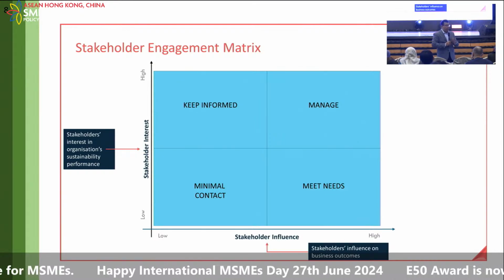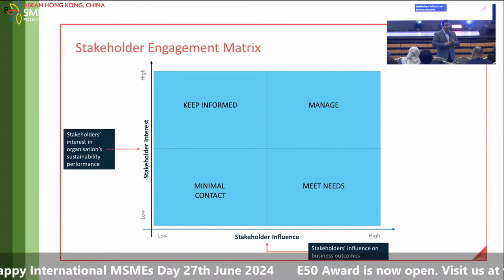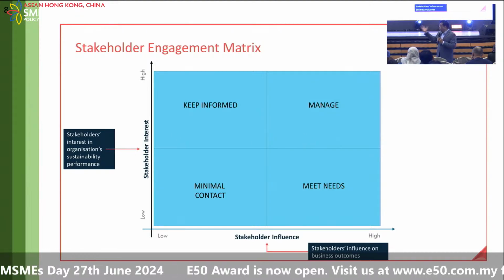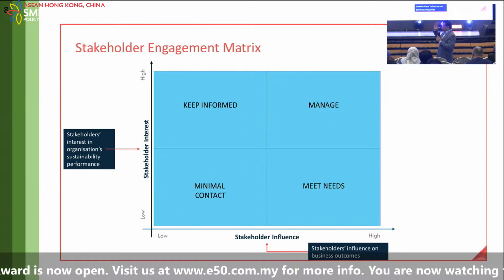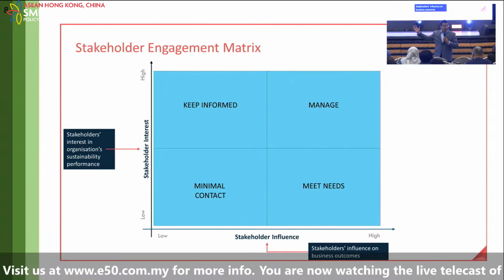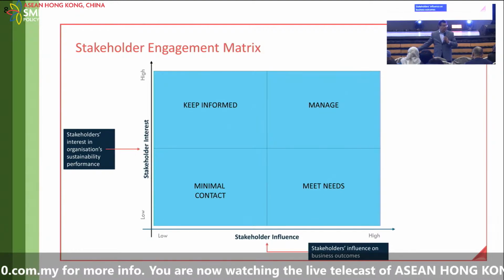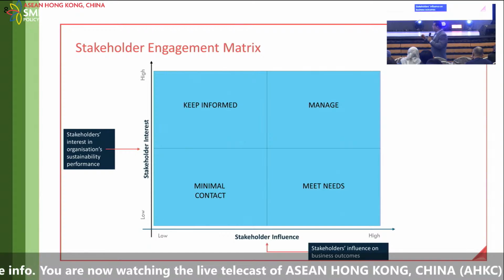So what you need to do is plot the X and the Y, and then you'll start getting a plotted map. And you'll find somebody is in top quadrant right, somebody is in top quadrant left, or something like that.